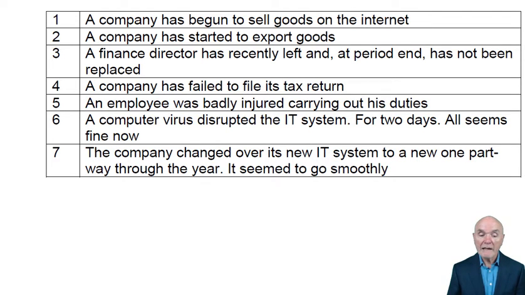An employee was badly injured carrying out his duties. And what we should obviously be worried about here, apart from emotionally worried about how this employee is, but as auditors, we should be thinking about potential liabilities. When people get badly injured, there are normally government inspectors who come in and do some sort of inquiry as to why it happened.